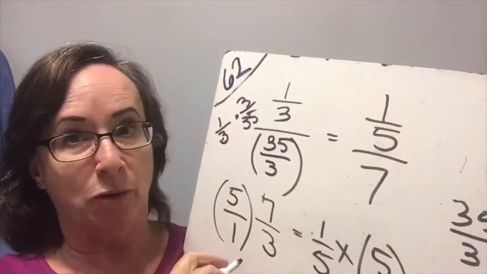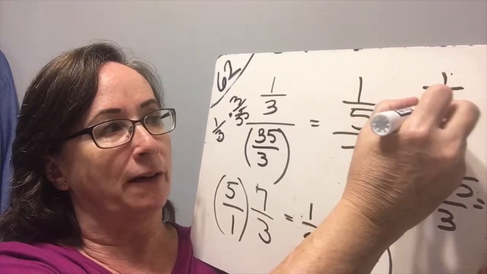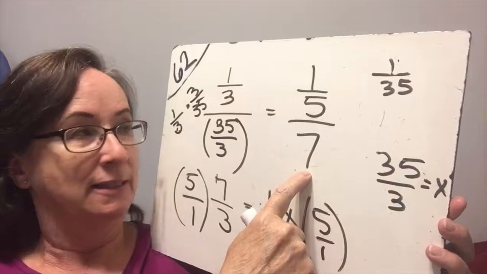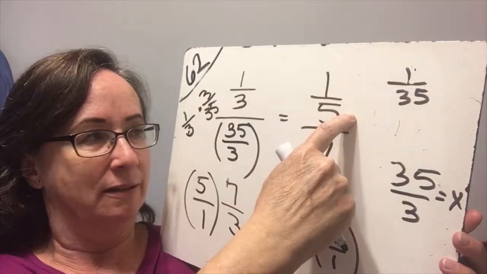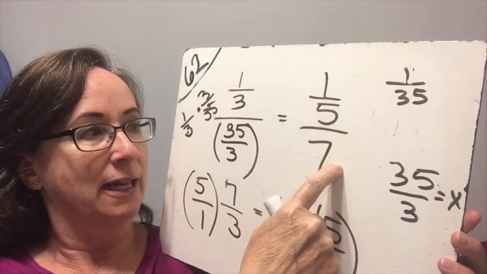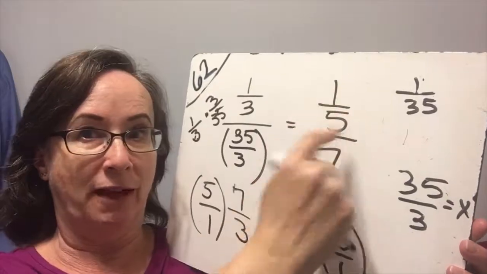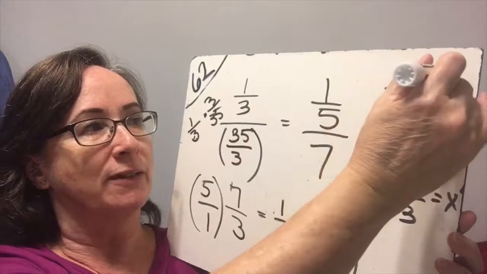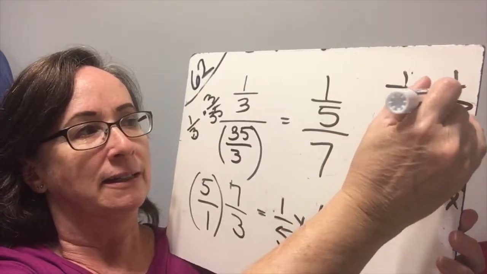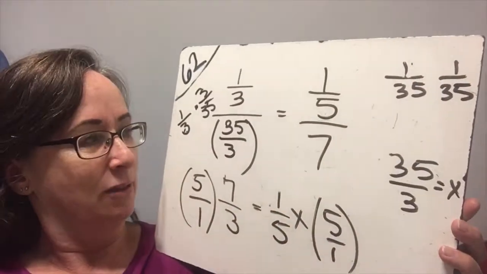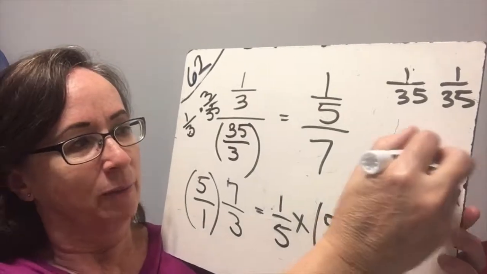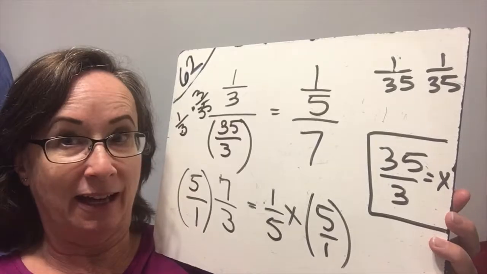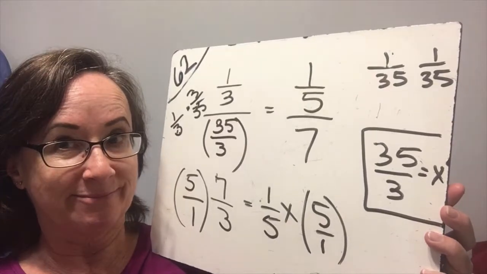And I'm going to be left with 1/35. So 1/35 on the left. And now 1/5 divided by 7 is the same as 1/5 times 1/7. And 1/5 times 1/7 is 1/35. And we have solved, and we have 35/3 is the correct solution.